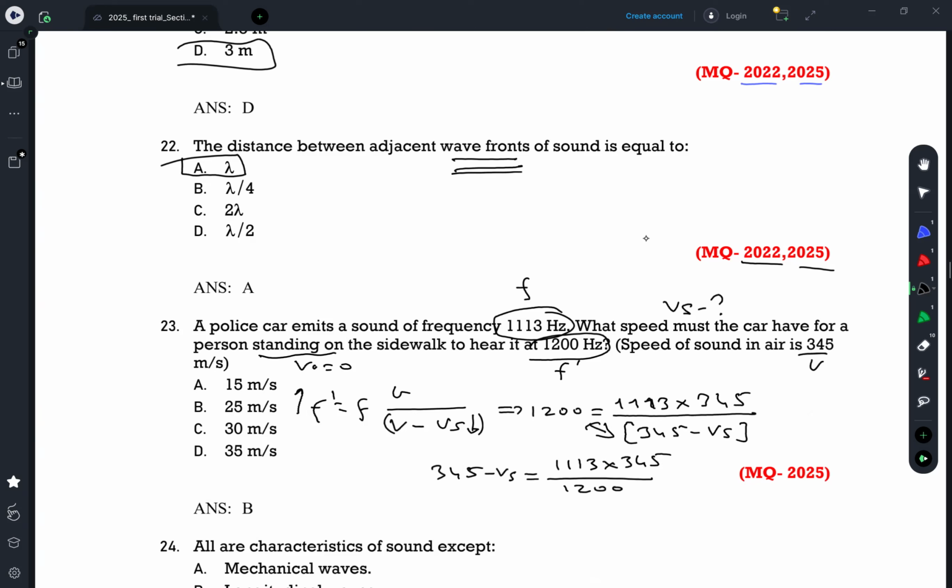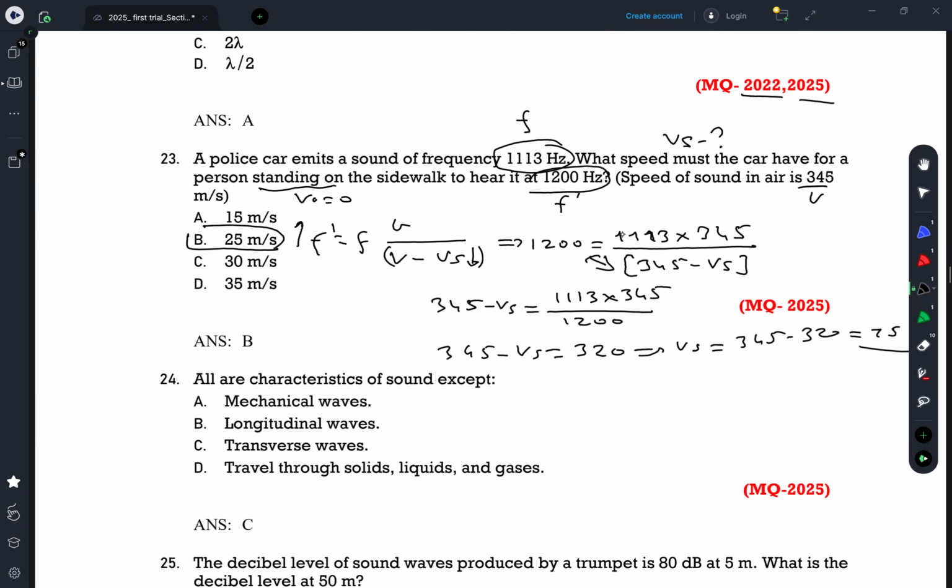Let's calculate this: 1,113 times 345 divided by 1,200 is equal to 320. And 345 minus Vs is equal to 320. Then Vs is going to be 345 minus 320, which is 25 meters per second, which is B.